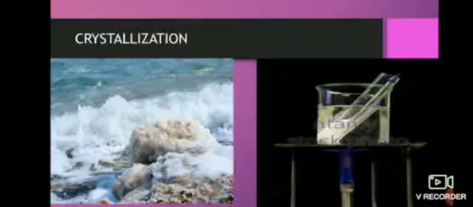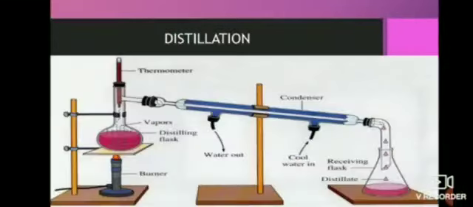So let us see another method of separation, that is distillation. The process used to remove impurities from water is called distillation. Before administering injections to patients, doctors mix injection powder with some liquid.